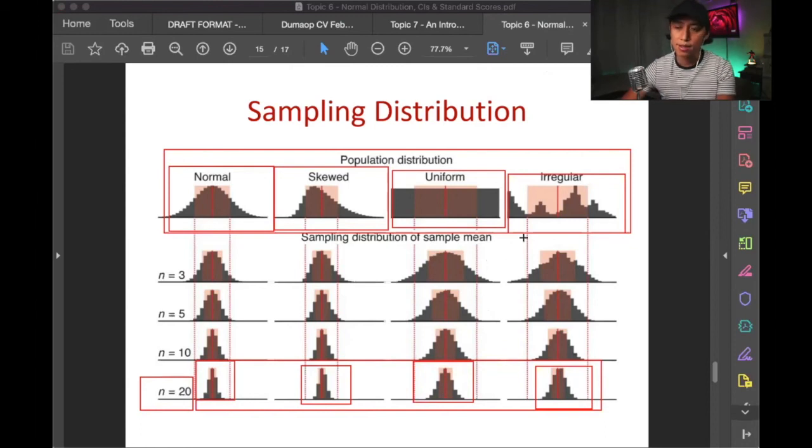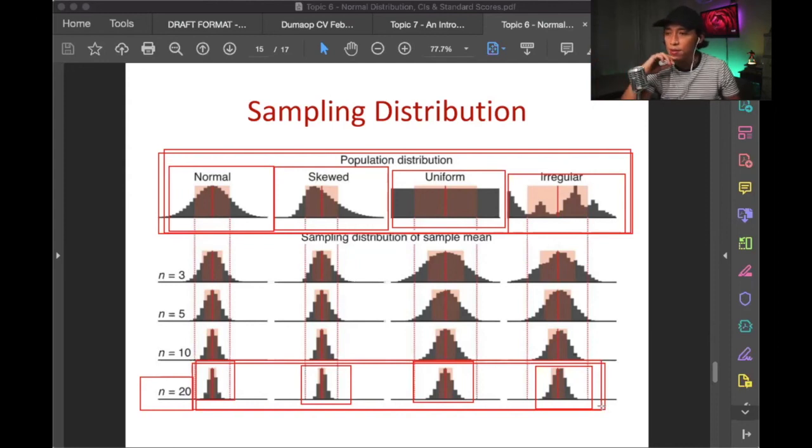So that is the assumption. Okay, so regardless, hindi masyadong mahalaga yung shape ng distribution ng population. Ang mahalaga is that the sampling distribution is normal.